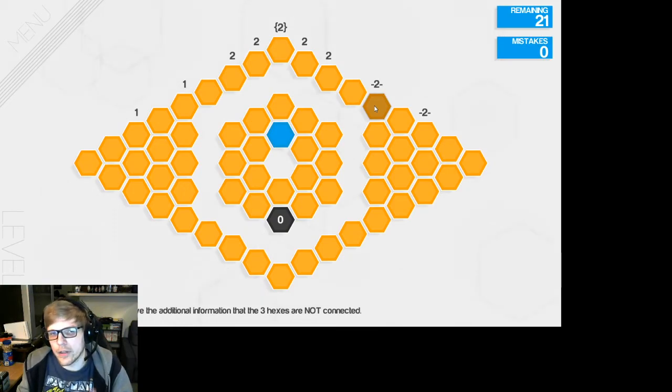That's not how this game interprets that. This game says that, pretend this is a 3 again, there are 3 blue ones in this column. However, any 2 of them can be connected, but not all 3. So it wouldn't necessarily be the case that this one and this one are blue.